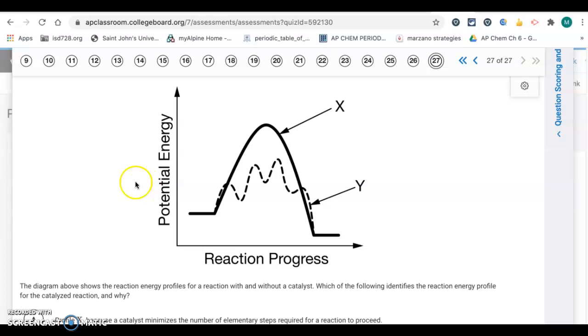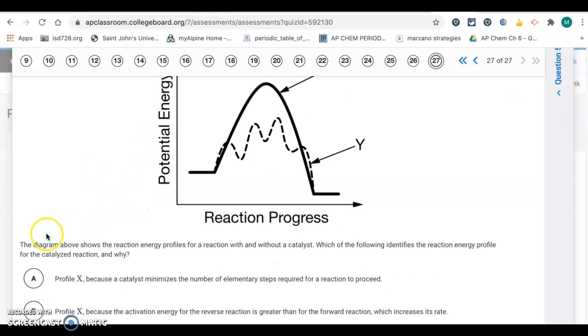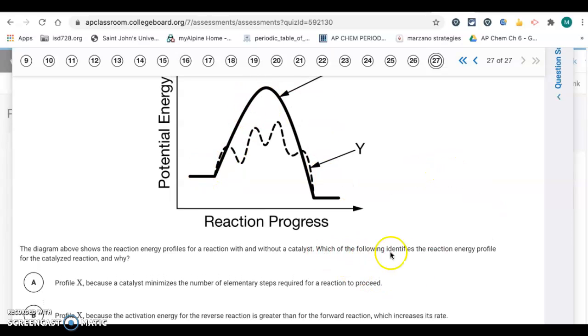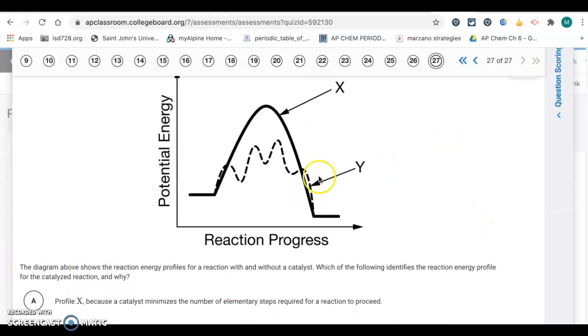Okay, question 27. So we have a diagram above. One of these is with a catalyst and one is without. Which of the following identifies the reaction energy profile for the catalyzed reaction? So a catalyzed reaction is always going to have a lower energy pathway. Now it doesn't matter if it has 4 different smaller peaks like that.